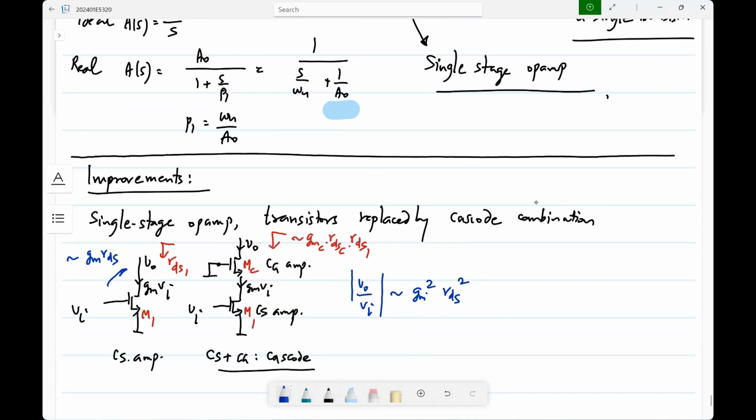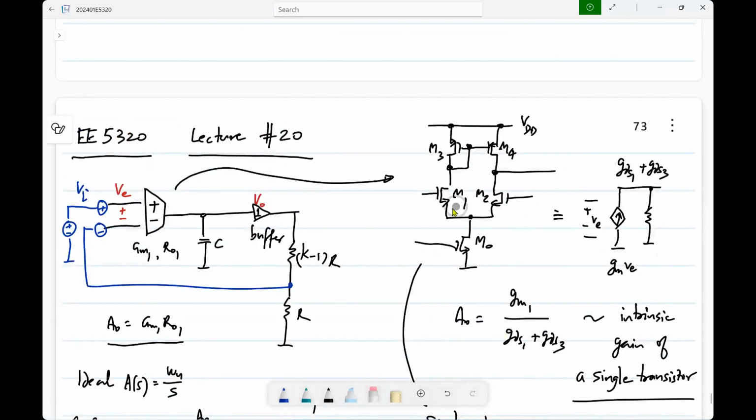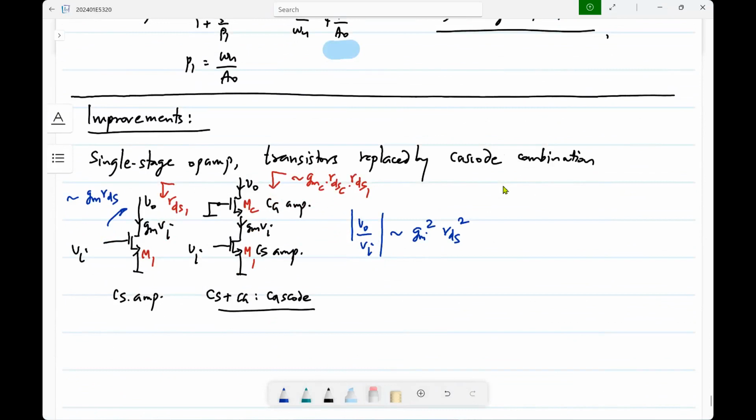Now every transistor has to be replaced by this, that is the two transistors of the differential pair as well as the current mirror load. The current mirror load is just being used as a current mirror, but that also has to have it, because the output conductance is a sum of the conductance offered by this plus that one. You can't reduce only one and let the other be, as that will limit the gain. So you have to reduce the output conductance of both parts, which means you have to use this cascode combination for both the differential pair and the current mirror.